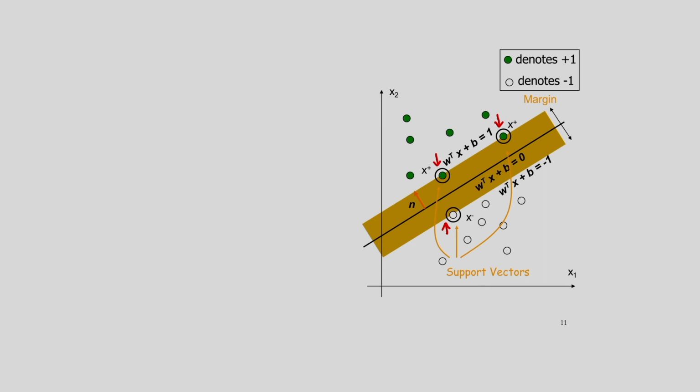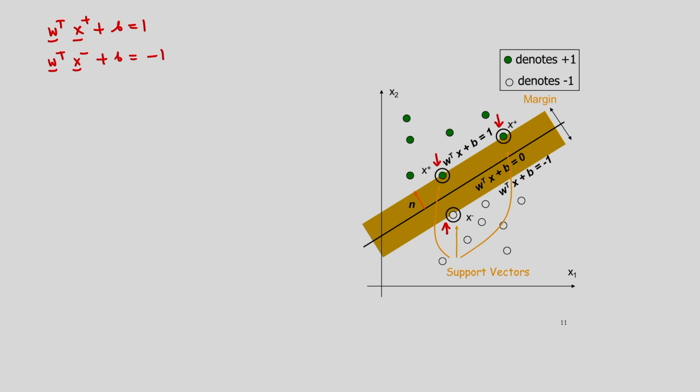So here support vectors I have shown like x plus and x minus. So on one side it is x plus, another side is x minus. So corresponding to these support vectors, how to write this equation? W transpose x plus plus b is equal to 1, and similarly W transpose x minus plus b is equal to minus 1.